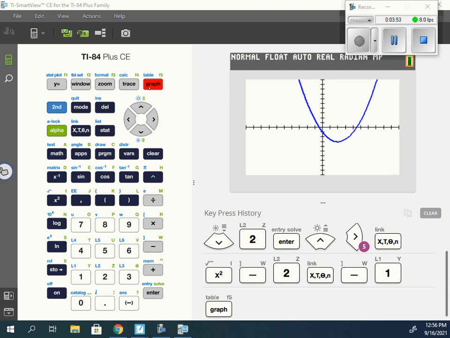Now, before we start calculating the minimum value, has everybody been able to graph this function? Okay, let me see. So you did y equals, typed it in.